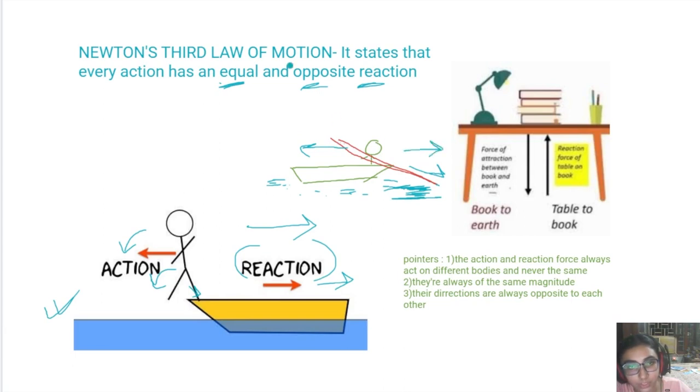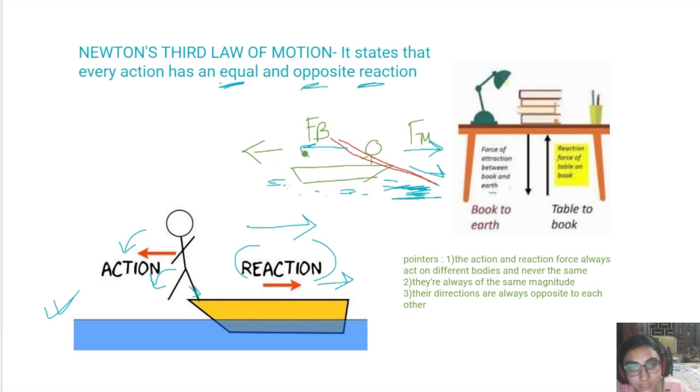And what I told you with Newton's law, that the water will also exert a reaction force on you. So if this is the force by the man, which is backward, this is the force by the boat, as a result of which when the man pushes the row backward, the boat will move forward.